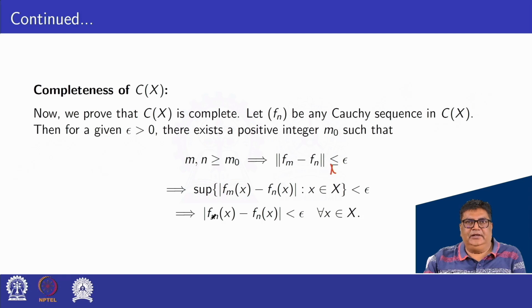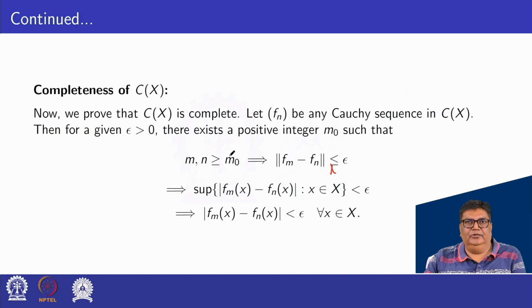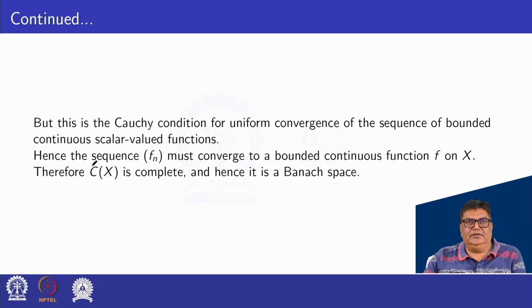This implies |fm(x) − fn(x)| < ε. But this is the Cauchy condition of uniform convergence of the sequence of bounded continuous scalar valued functions. Hence the sequence {fn} must converge to a bounded continuous function f on X. Therefore, C(X) is complete and hence it is a Banach space.